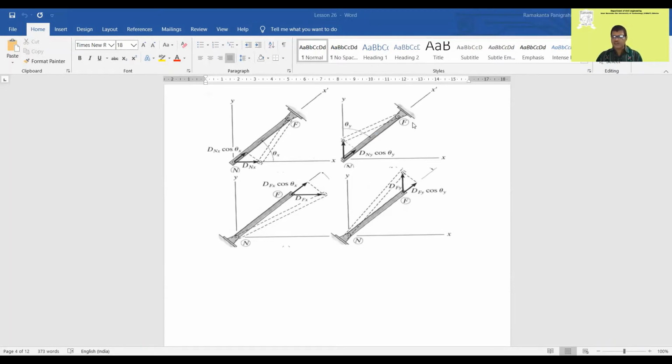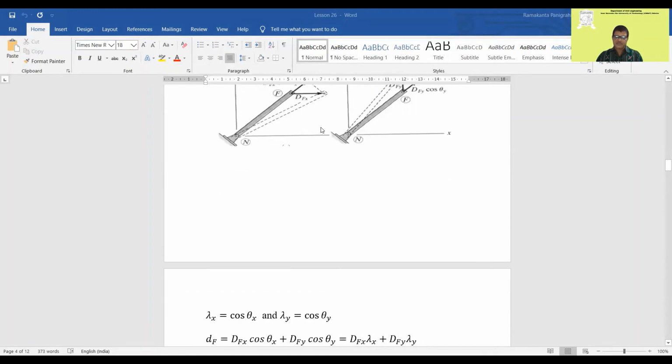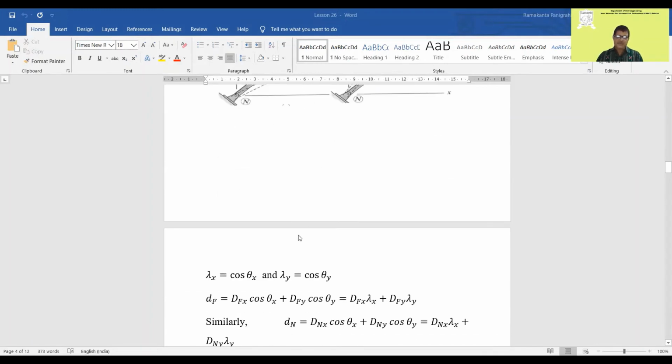So you can convert local to global. Now let us give some names. Lambda x is equal to cos theta x, lambda y is equal to cos theta y. To make calculations simpler, let's give the notations lambda x, lambda y, so you won't write cos theta x, cos theta y a number of times. So the nomenclature is cos theta x is lambda x, cos theta y is lambda y.